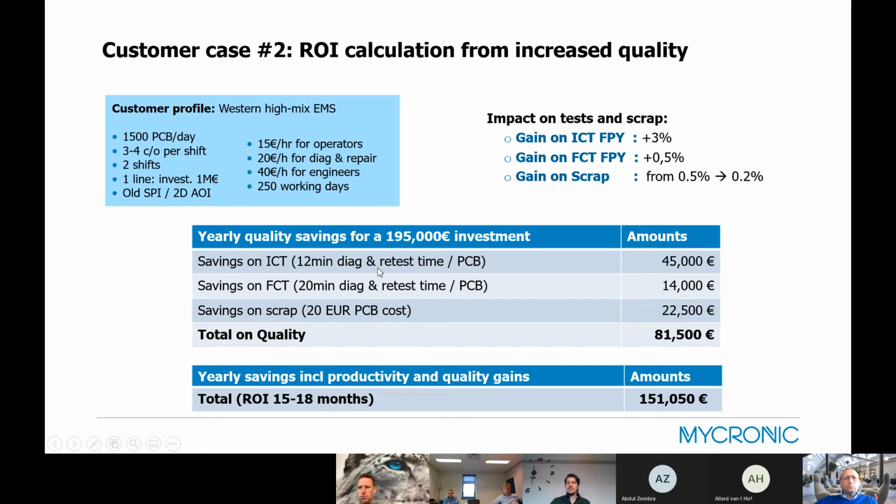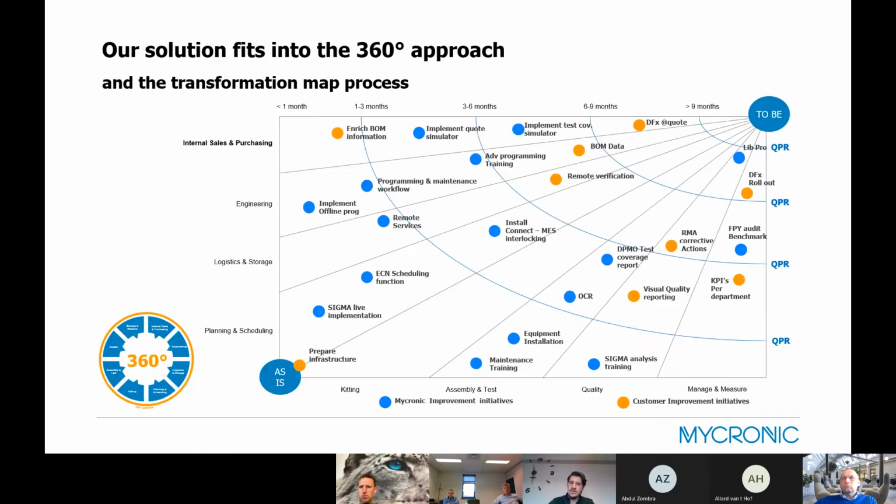But again, we are not just giving you some examples and saying good luck. You may also know this 360 degrees approach from Mycronic. This idea comes from the guys in the Mycronic Benelux team, the Eindhoven team, Twan, Dan, and also Paul in the past, who invented this idea of how to really help you.